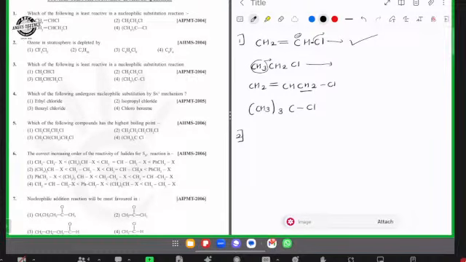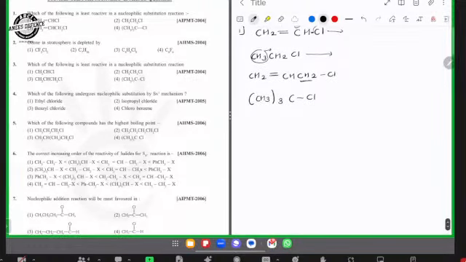Okay. Now let us see. The correct option is the first one. Why? Because when I look at the structure, it is CH2=CHCl. The chlorine is showing which kind of effect? It is showing a positive mesomeric effect. Why?